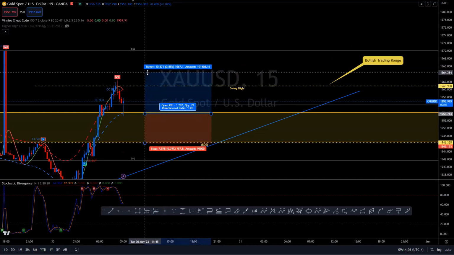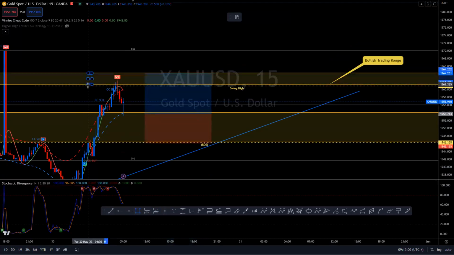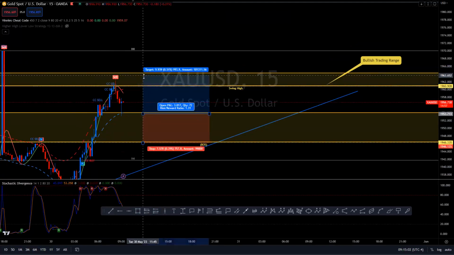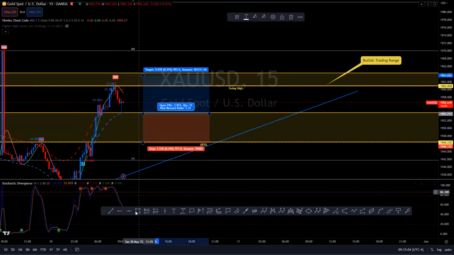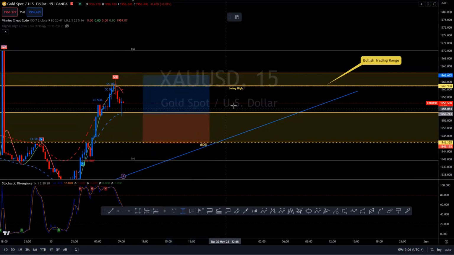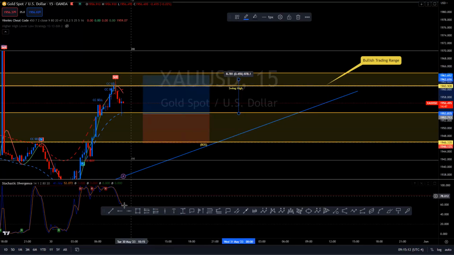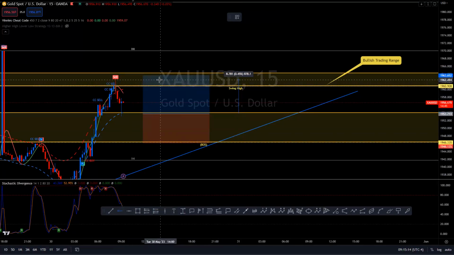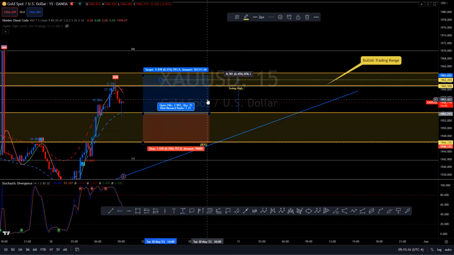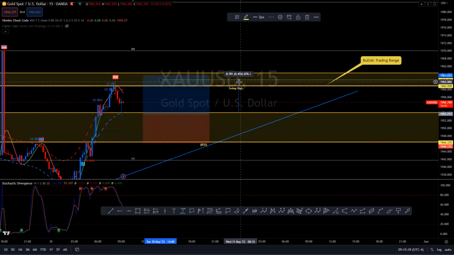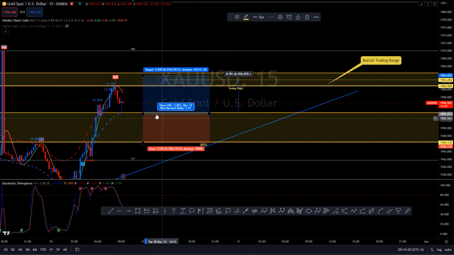I plan on buying all the way up until, let's see how much this is, right over 100 plus points. That's if price goes all the way down to here and then buys.